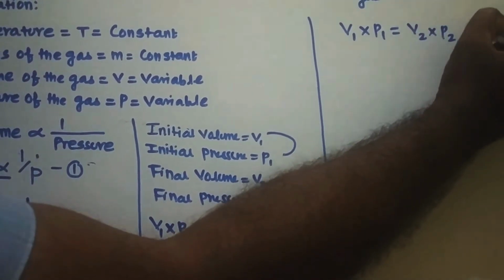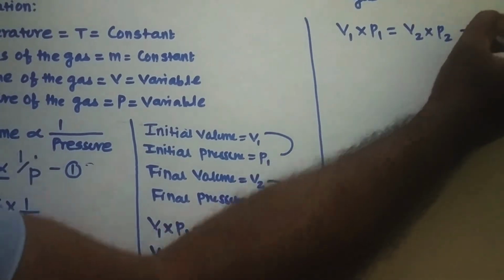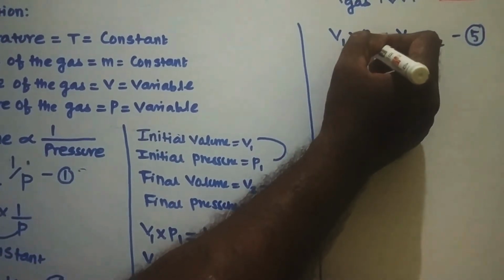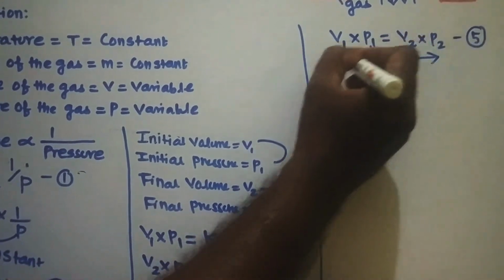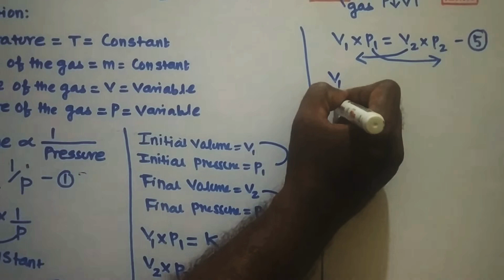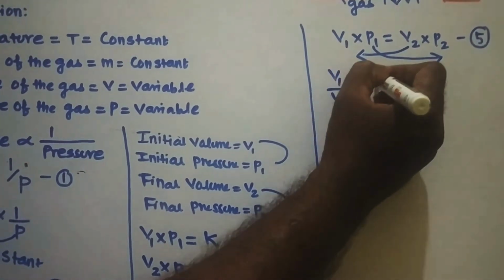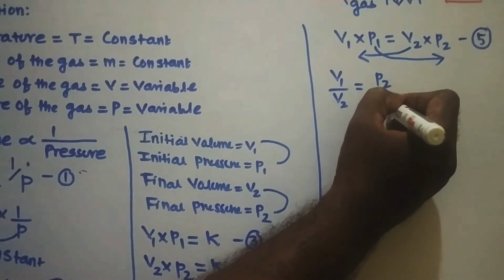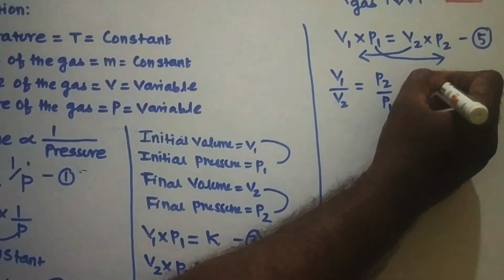This is equation number 5. In equation number 5, the V2 comes here and P1 goes there. As a result, V1 divided by V2 is equal to P2 divided by P1. This is equation number 6.